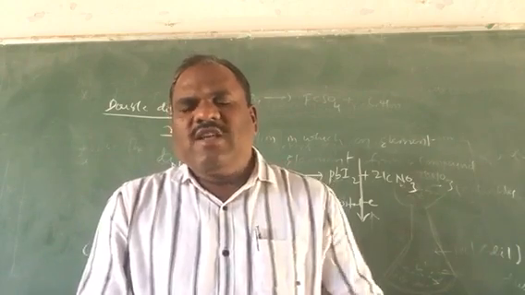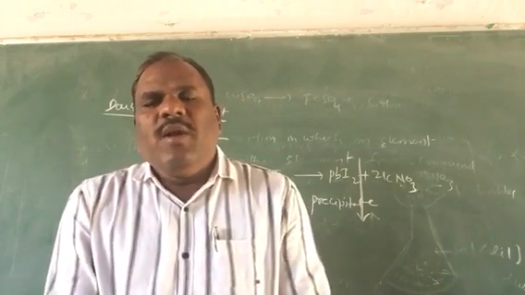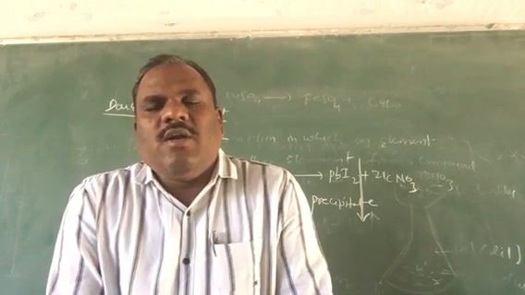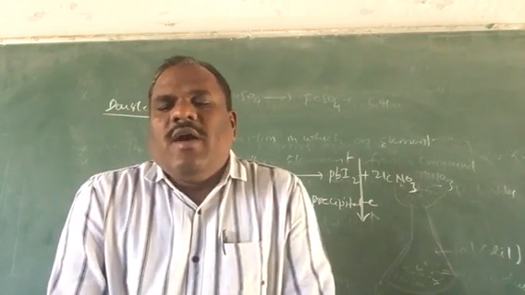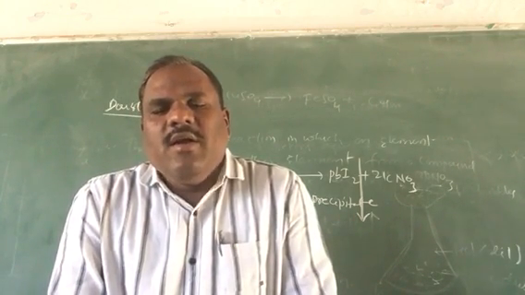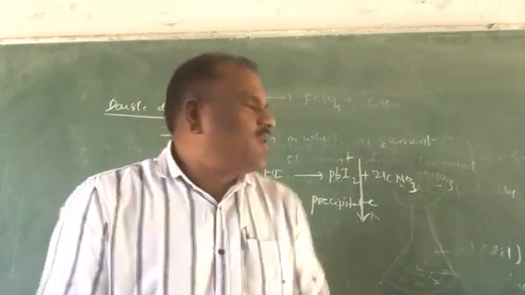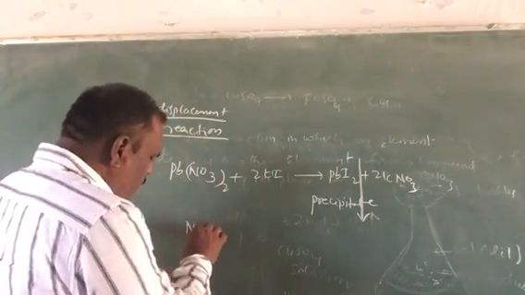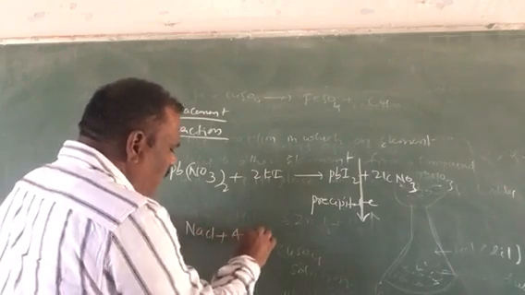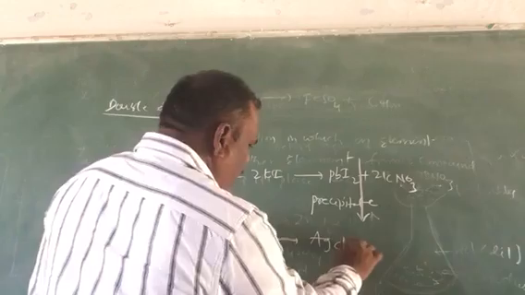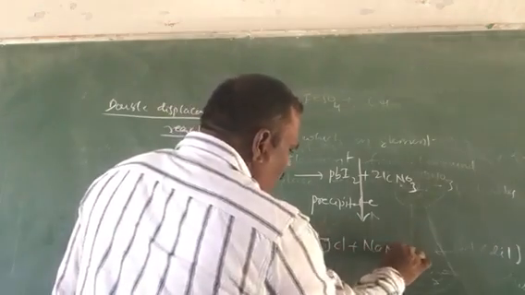Some more examples we can give. When sodium chloride combines with silver nitrate in a solution, it gives silver chloride precipitate and sodium nitrate. So NaCl + AgNO3 gives AgCl + NaNO3.